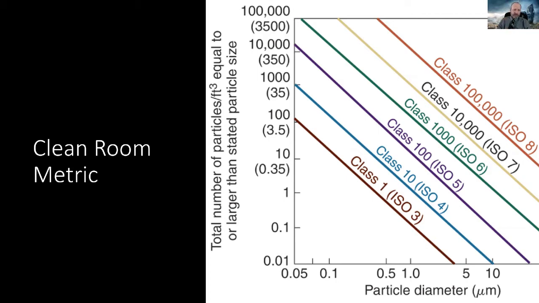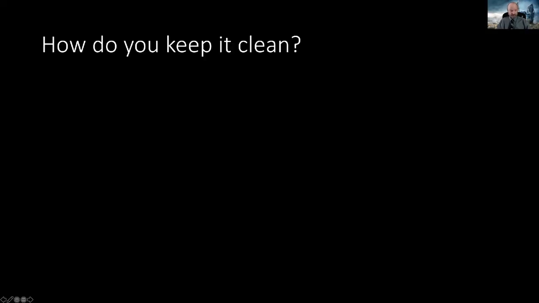Just a trivia note, clean rooms were invented at Sandia National Labs. And HEPA filters, which are used to keep the clean rooms clean, were invented at Los Alamos National Labs right around the time of the Manhattan Project and shortly after that. So New Mexico is the inventor of clean rooms.